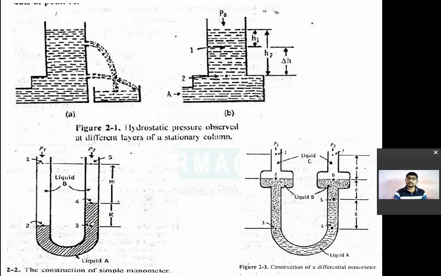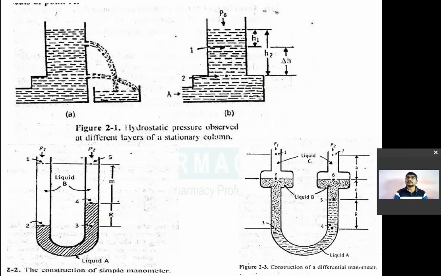During the transportation, during the mixing, during the handling, you have to observe and keep in mind what type of flow is there with respect to whatever mixture you are using. Then you need to understand the flow of fluid for mixing as well as transportation as well as handling of liquids.